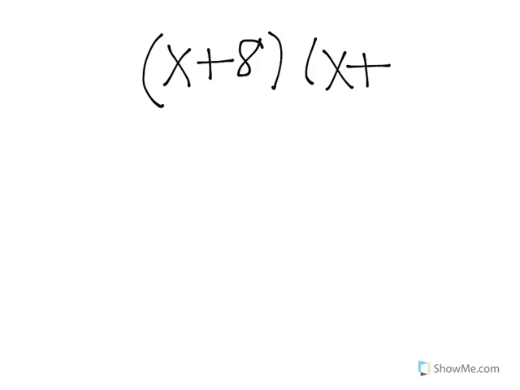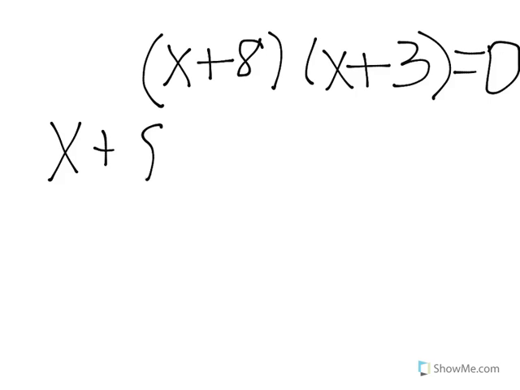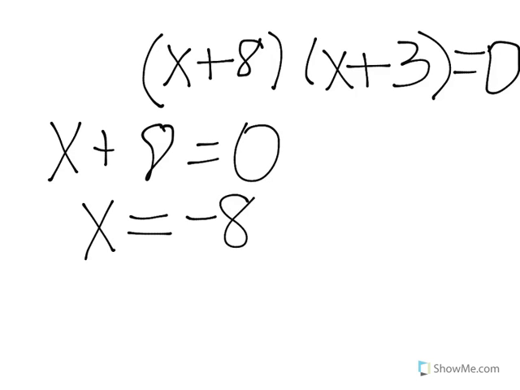If you'll recall, we just finished graphing, and I would have answers that would look like this: x plus 8, x plus 3, or something like that, equals 0. Since they were set equal to 0, what I would always have you do is say x plus 8 equals 0, and so that would mean that x would equal -8.